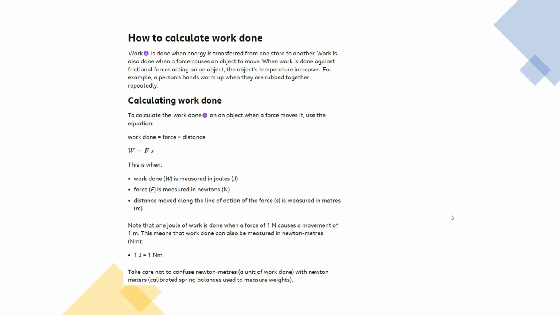It means you are transferring energy from your body to that door, and that energy allows the door to move away or come toward you. That is called work done, and energy is basically transferred. As we know, energy can never be created nor destroyed.